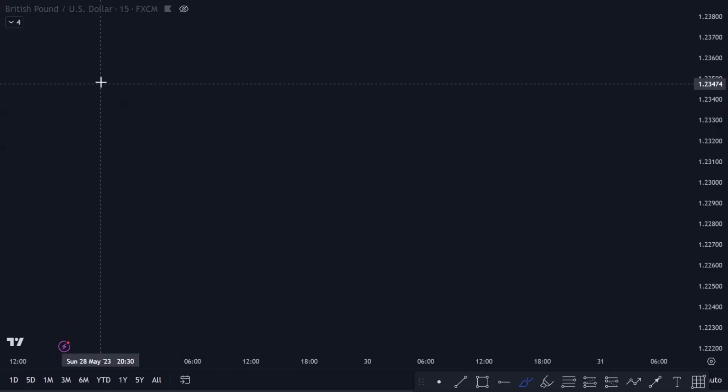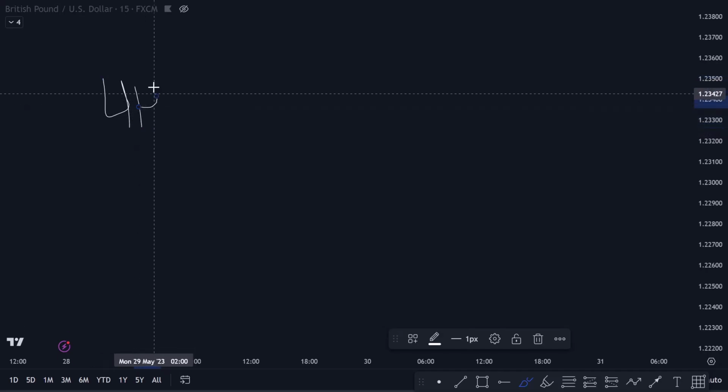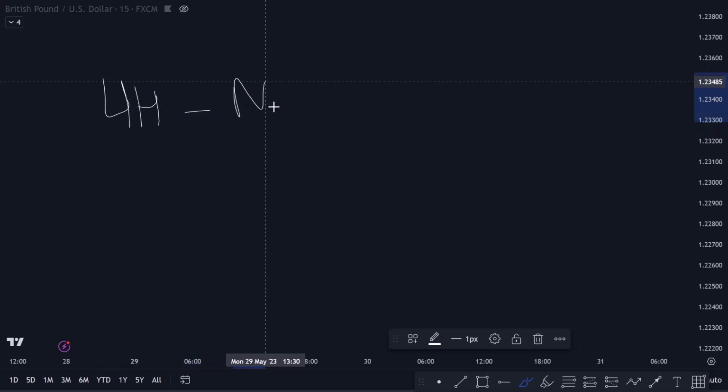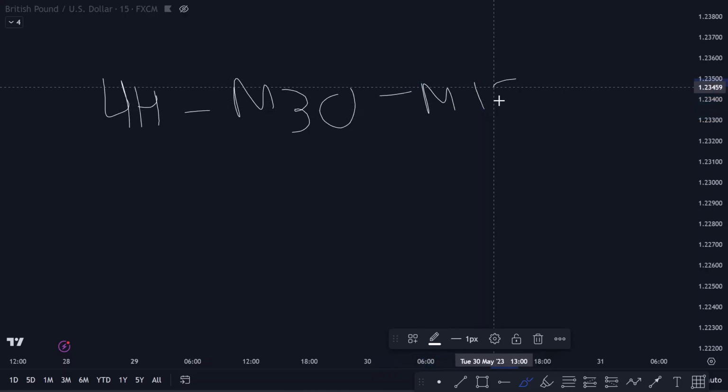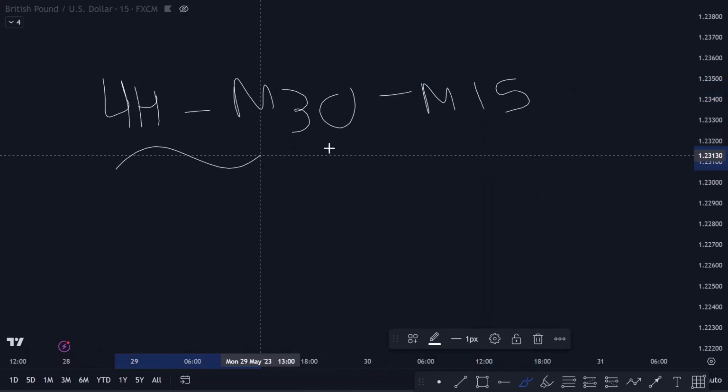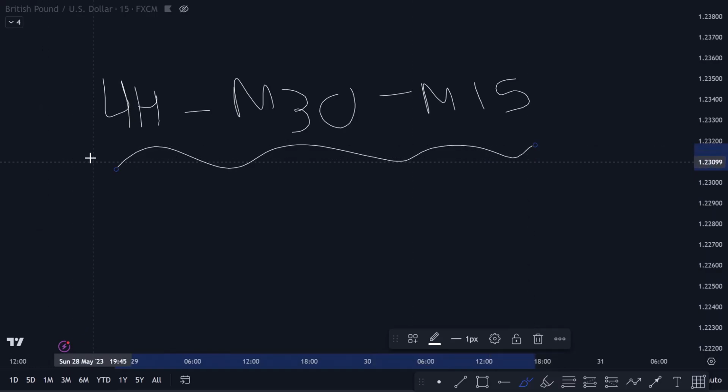There's also one thing. What we use is the 4 hour and then 30 minutes and 15 minutes for the entry, right? Now, there are some people who want to scalp and can't use those time frames. Those are the time frames that I found work the best when it comes to this trading plan. But you can use some other time frames, just make sure they're aligning with each other.